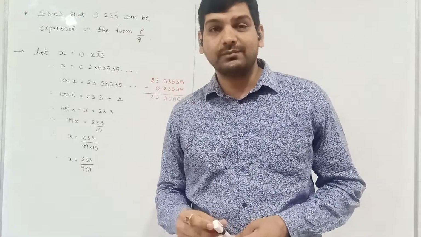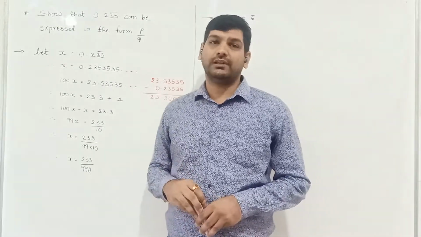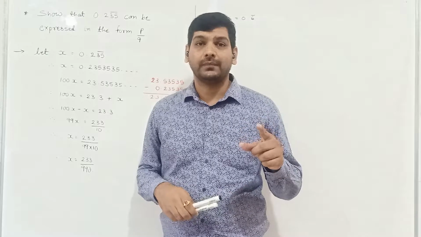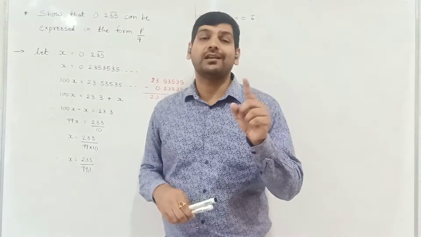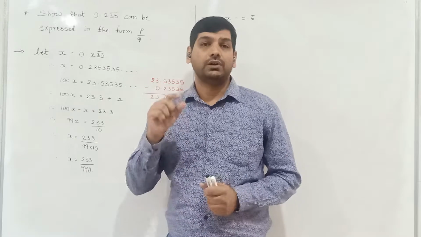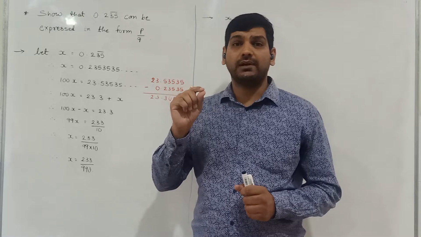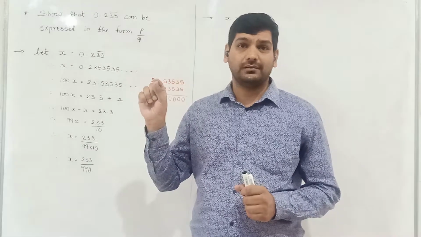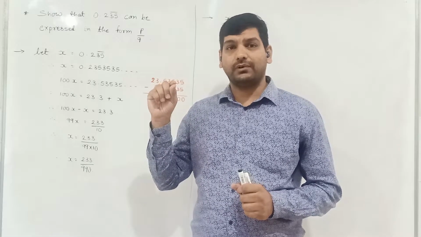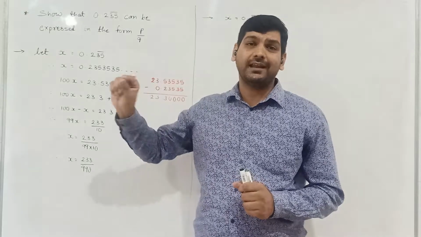That means decimal to rational number. First of all, we know that terminating and non-terminating recurring numbers are rational numbers. A non-terminating recurring number looks like 0.23 bar, or 0.353535, where the number is repeating again and again.